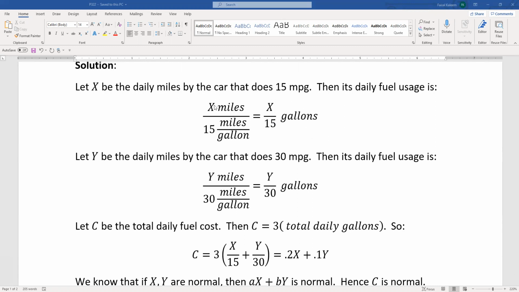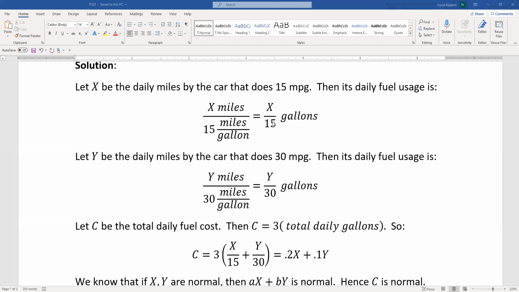If I have X miles on the top and I divide it by 15 miles per gallon, the miles cancel and the gallon comes into the first line, just like with fractions: if you have x over 5, the x's cancel and the 5 comes in the first line. So I get x over 15 gallons. That's the number of gallons consumed by the first car.